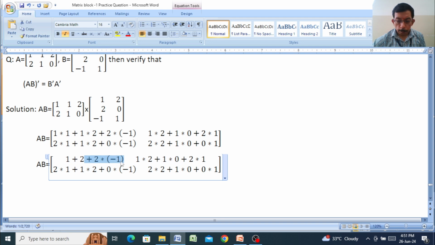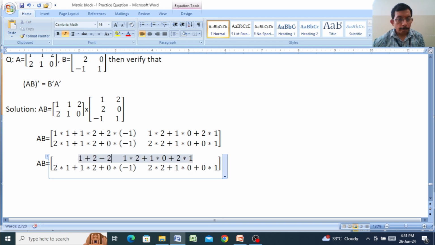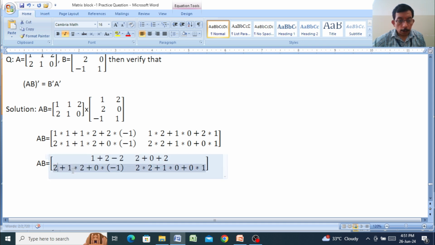Put down minus 2 in the same position. 1 multiplied by 2, then result is 2. 1 multiplied by 0, result is 0. Write down 0 in the same position. 2 multiplied by 1, then result is 2. Note down in the same position. 2 multiplied by 1, the result is 2. Note down in the same position.